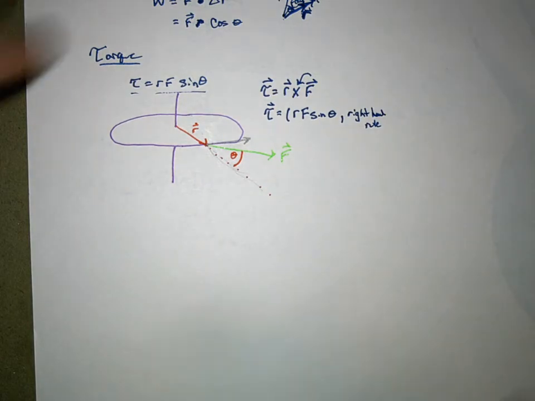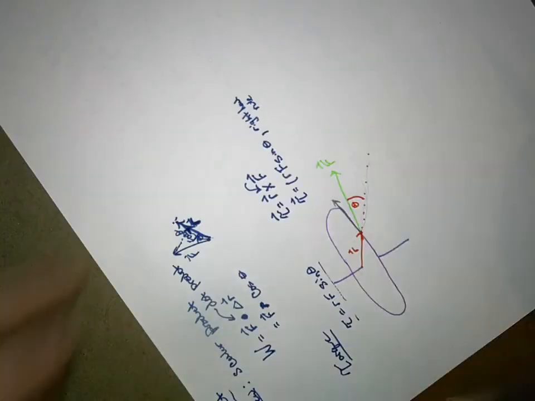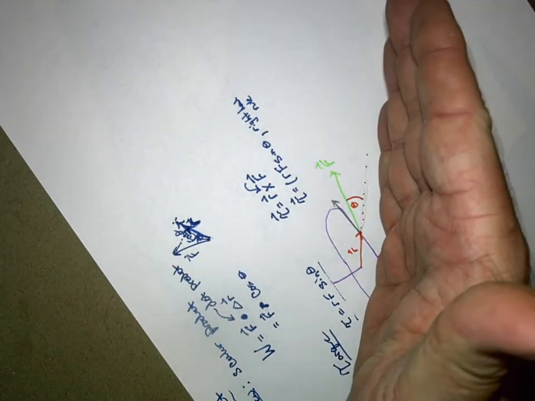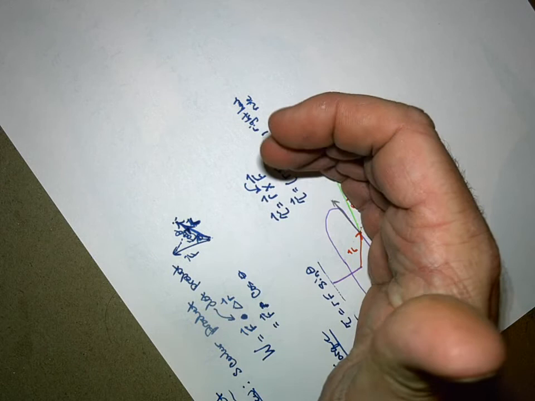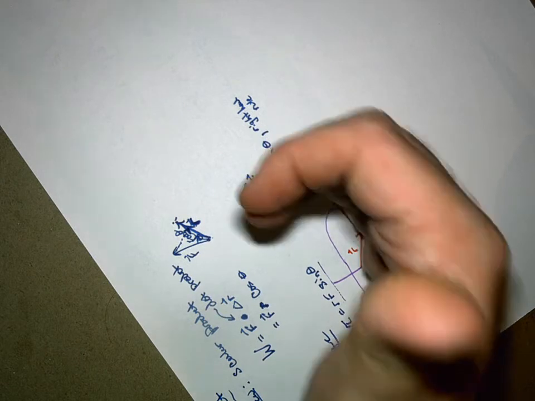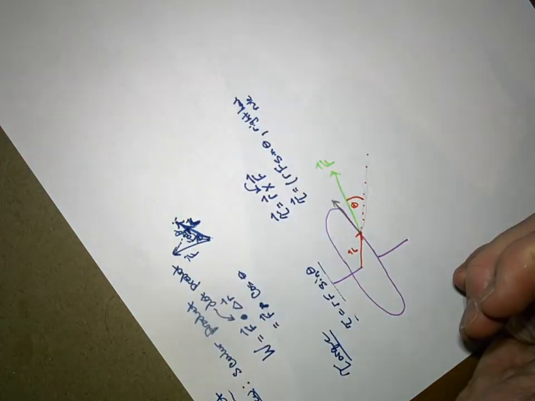So I'm going to have to rotate my paper here to illustrate what I'm talking about. Here's my radius, and I'm going to turn my fingers into the direction of the other vector, and that gives me up into the camera as my direction.